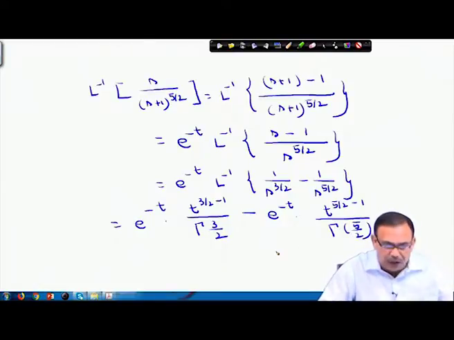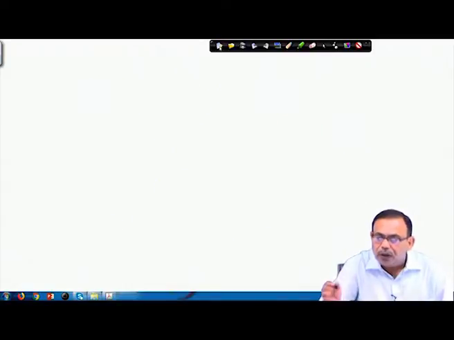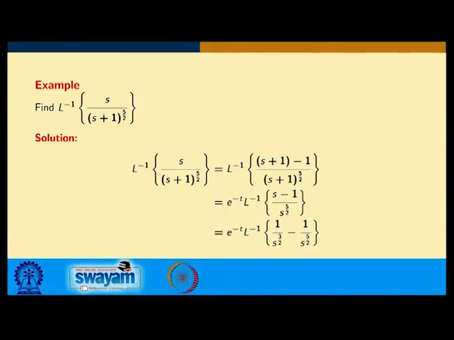And now I have to break it, that I am showing you. The term gamma 3 by 2 I can bring down to gamma half, and gamma 5 by 2 also I can bring to gamma half. We know the value of gamma half is root pi, and we can substitute it here. Let us see it here. You are getting this from here, you will obtain e to the power minus t into this using the property.